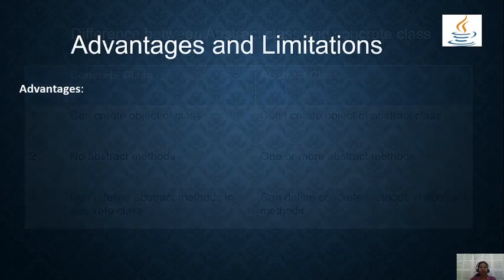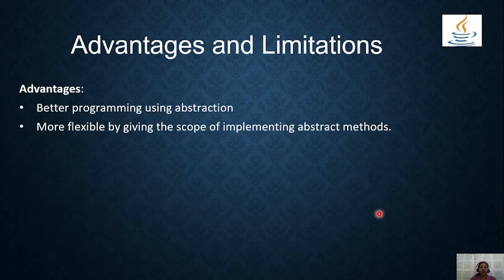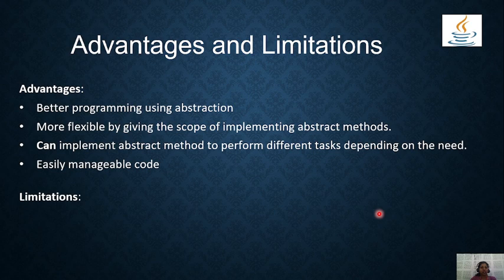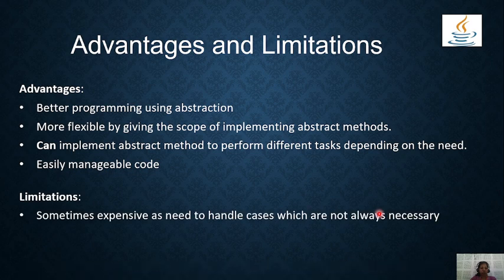Okay. So what are the advantages and limitations of abstraction? The advantages are better programming by using abstraction. We can be more flexible by giving scope for the implementation of the abstract methods. Also, we can implement the abstract method to perform different tasks depending upon the need. And by using abstraction, we can easily manage the code.